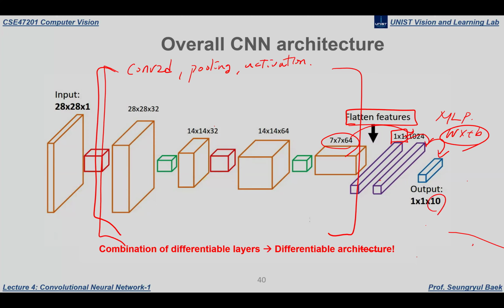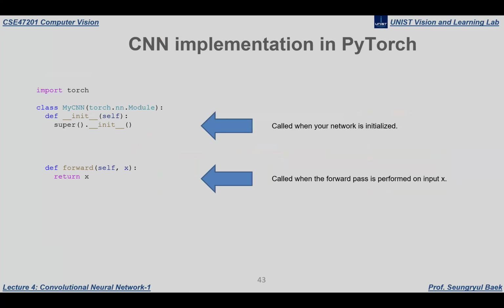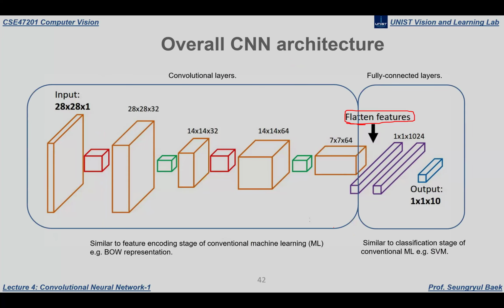After constituting this differentiable architecture, you can train it using gradient descent. The first part we call the convolutional layers because they are mostly composed of 2D convolutional layers, and the later part we call fully connected layers.